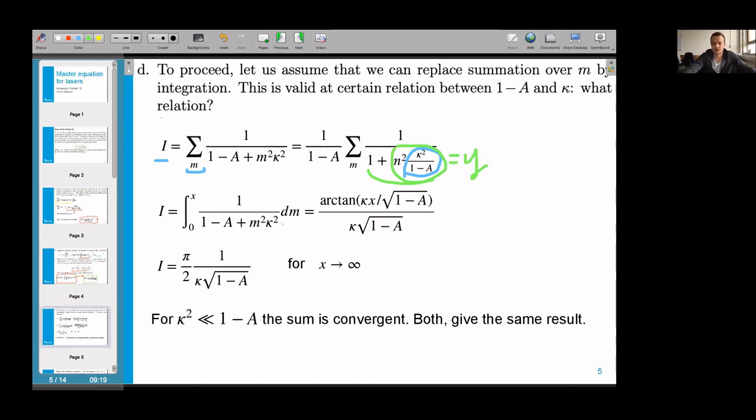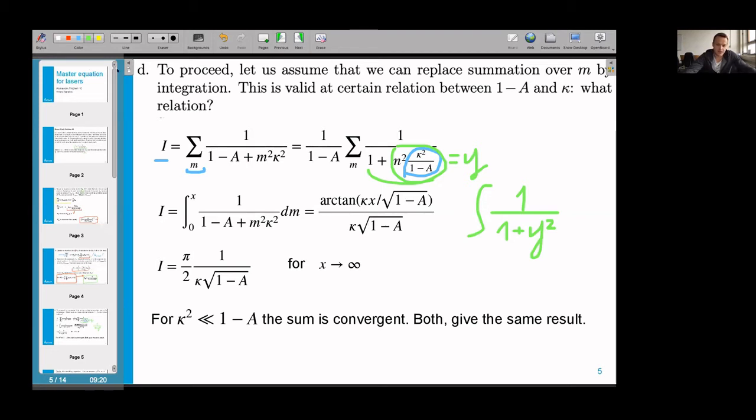One can obtain a simpler version of this integral that is, let me write it for you, something of this sort, 1 plus y squared. This will be the integral. And then this integral is equal to the arctangent, and one replaces back the variable substitution that we did. So this integral is equal to the arctangent of kappa x divided by the square root of 1 minus a, all this divided by kappa square root of 1 minus a.